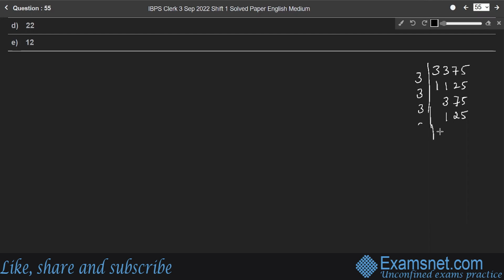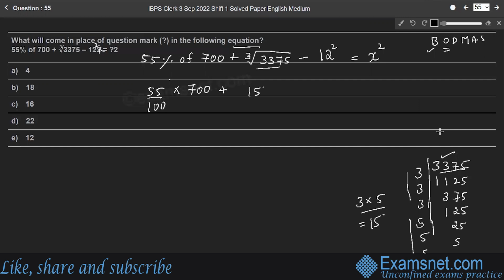Right? So next 125 is divisible by 5. So next factor is 5. 5 into 25. 5 into 5. 5 into 1. Since we have to find cube root of the given number, so we have to gather 3 similar numbers, same numbers. So cube root becomes 3 into 5, which is 15, right? Therefore, 15 is the answer.